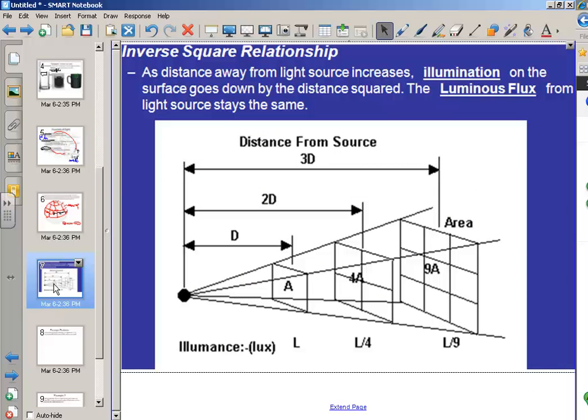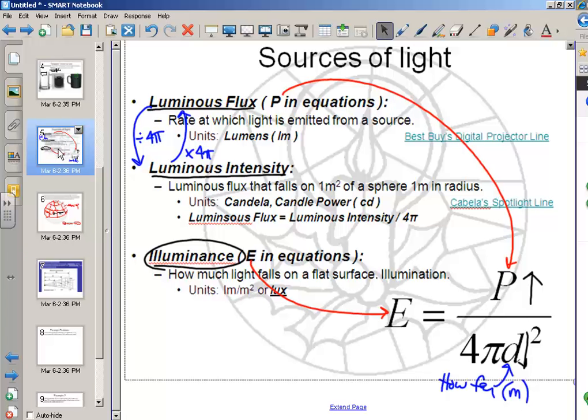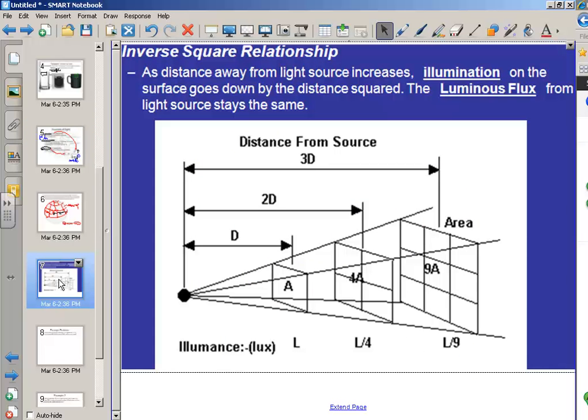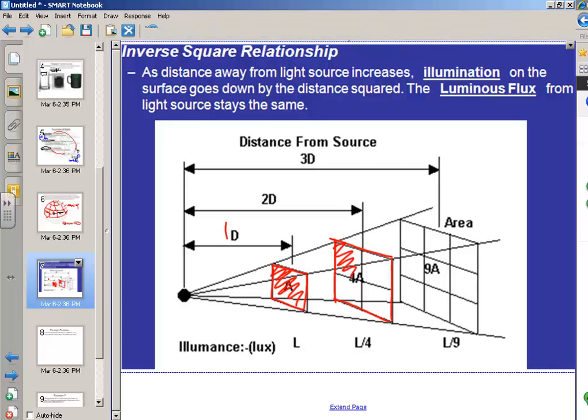Now, the inverse square relationship. When you look at this equation, you'll notice that the d is squared at the bottom. And this is called the inverse square relationship. All the light that would be falling on one square right here, if you are, let's say, 1 meter away, if you get twice that away, that same amount that did fall on just 1 square now gets spread to 4.